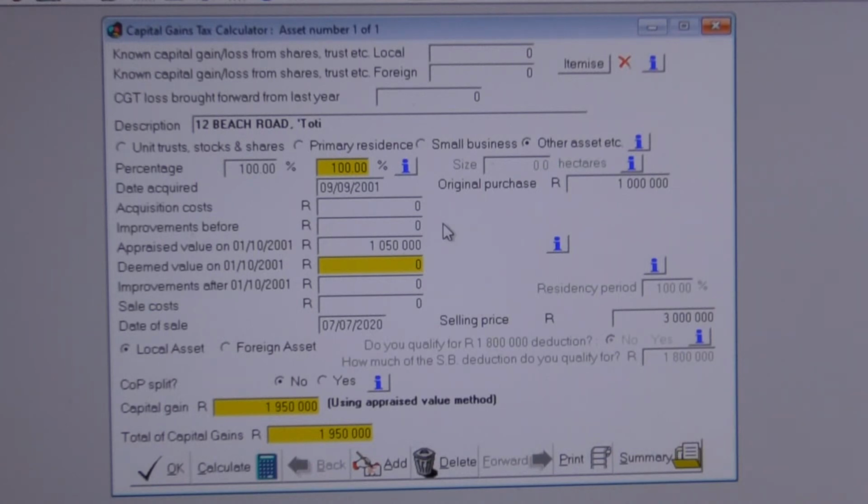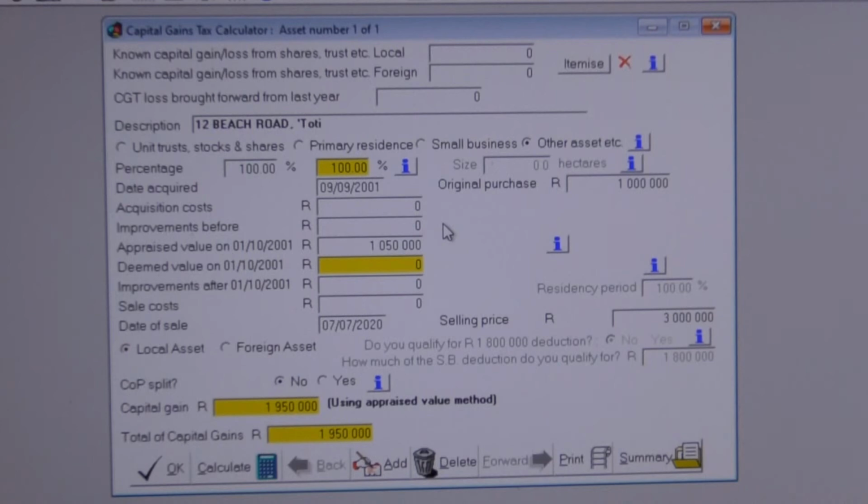Fortunately, we had the asset valued at the time, and the valuation was 1.05 million on 1st of October 2001. This valuation becomes our base cost, and the profit will be 3 million rand less the 1.05 million base cost, which is 1,950,000 rand profit.